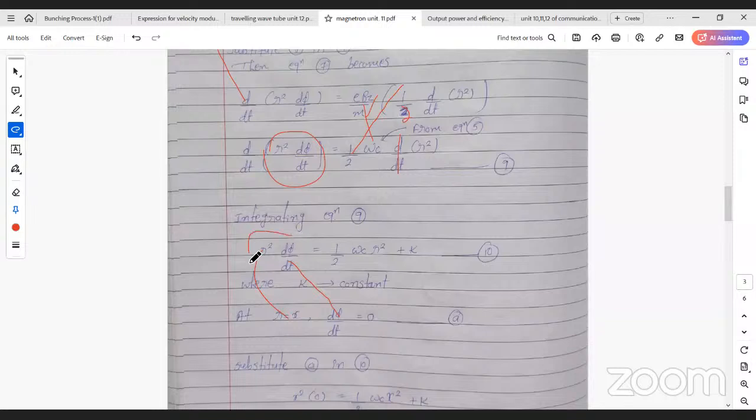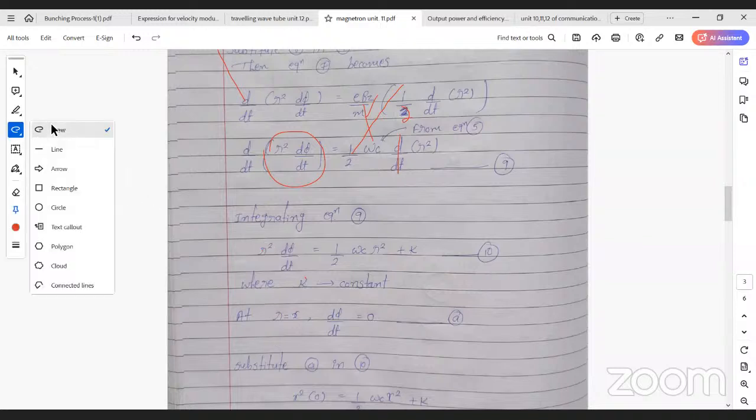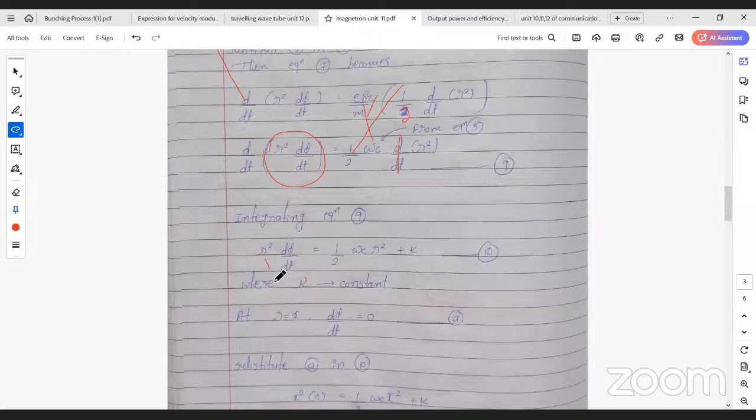This LHS term is completely 0, so what do we get? k equals minus 1 by 2 omega c r square. In place of r, I substitute x.